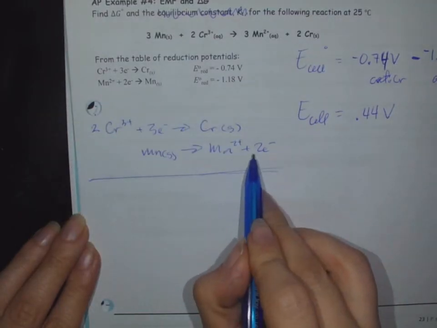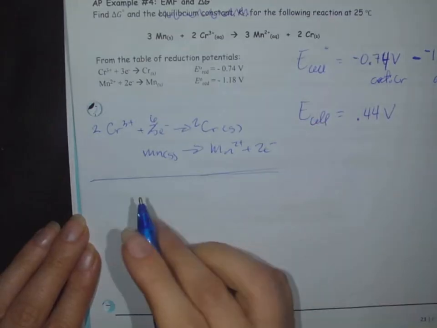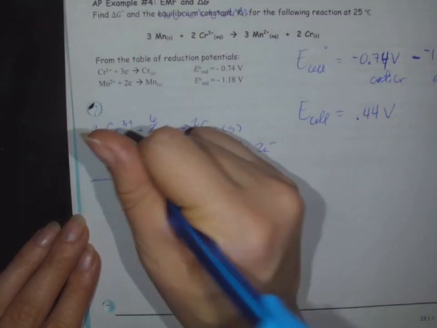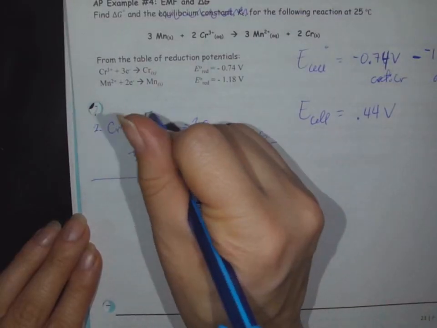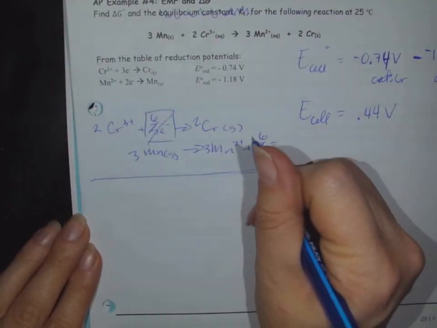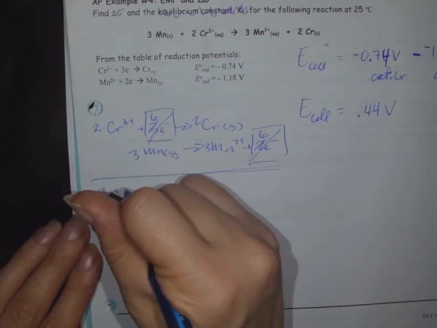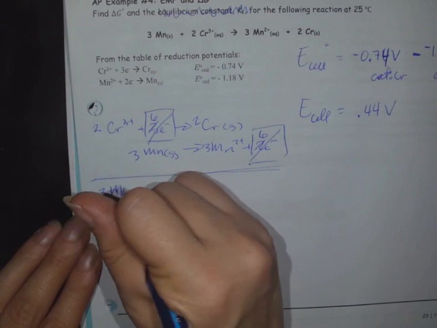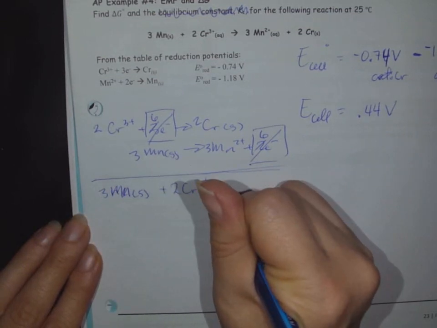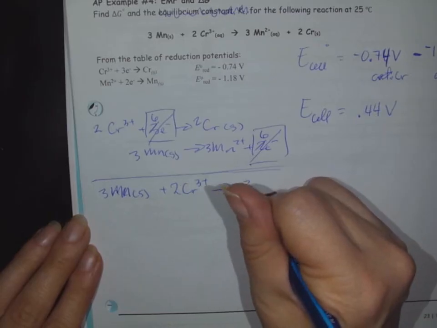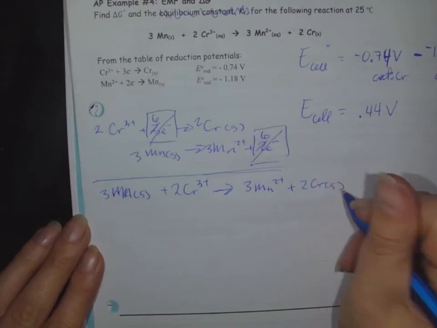Since this has a coefficient of 2, I'm going to multiply everything by 2, and then multiply the other by 3. What's transferring is 6 moles of electrons, and we're left with the overall: 3 Mn solid plus 2 Cr3+ results in 3 Mn2+ and 2 chromium solid.